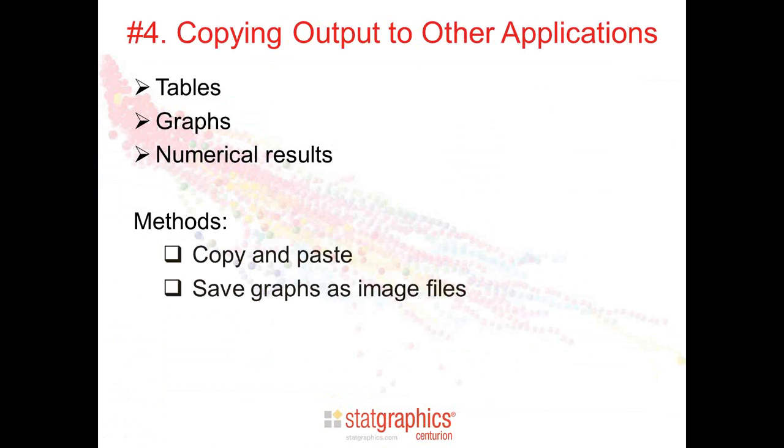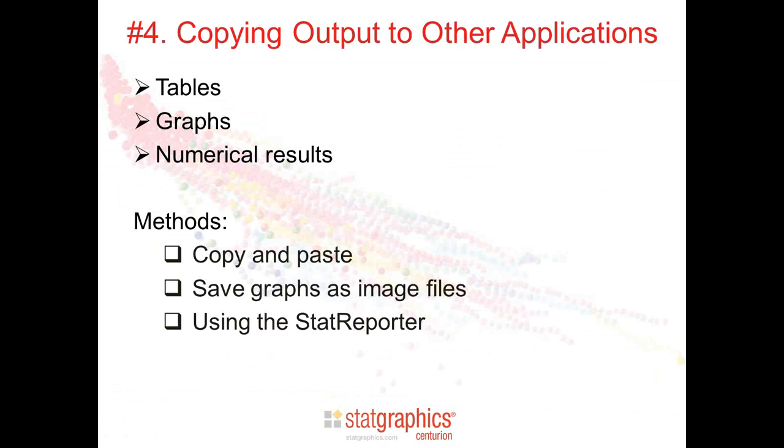I can also, though, in the case of graphs, save the graphs as image files. I can actually take a graph and save it, for example, as a PNG file. That's real handy if I need to send the graph to a journal for being published.